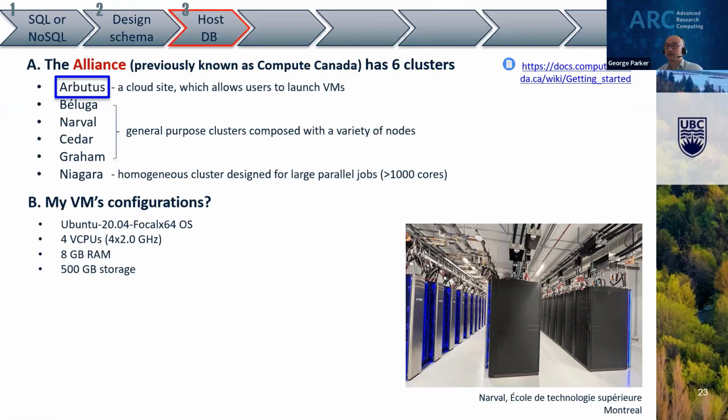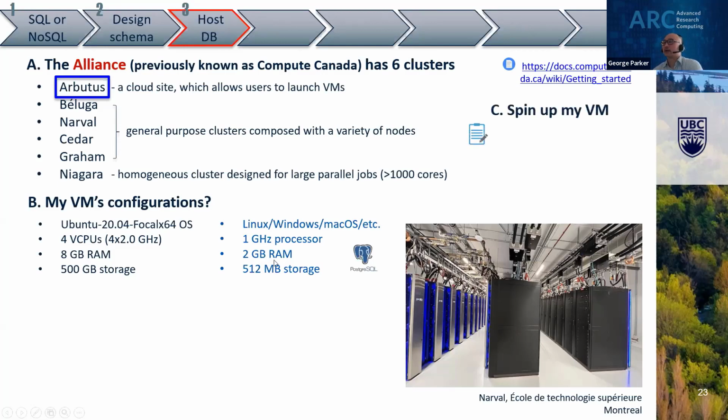And in the future, if you find your virtual machine is running slow, you can contact the Alliance team and ask them to bump up your VM. There's no issue at all. Just in case you wonder what the minimum hardware requirement for running Postgres is, here you go. It only requires a 1 gigahertz processor, 2 gigs of RAM, and 512 megabytes of storage.